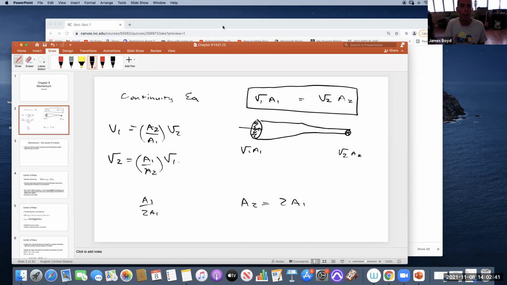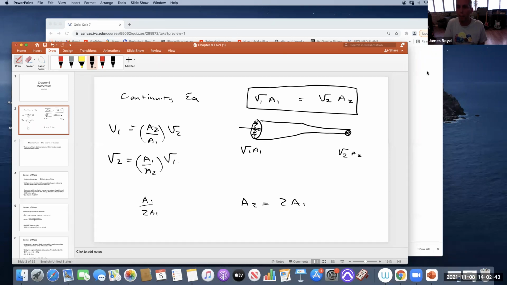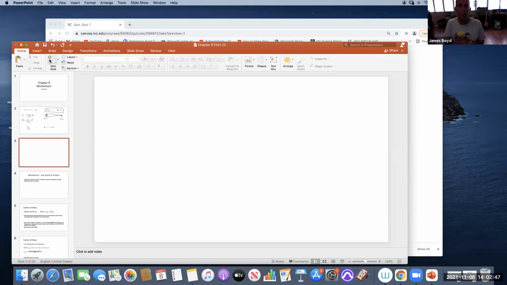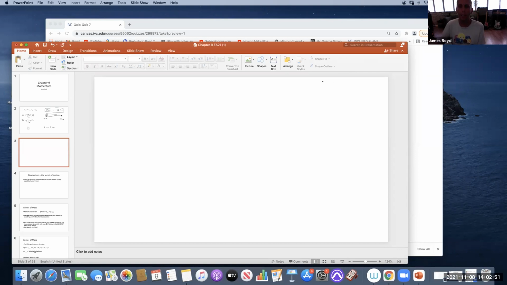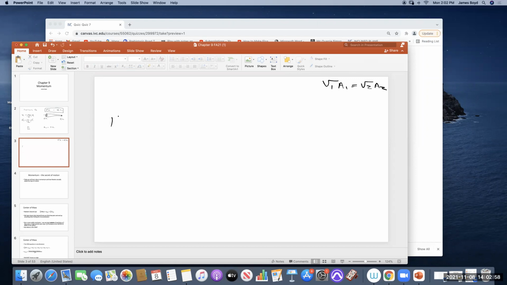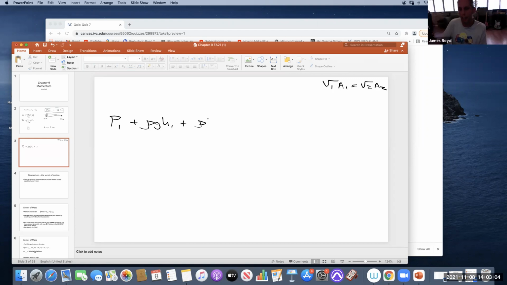It's not too bad. The other thing that you have for Bernoulli's equation is a lot like the energy equation, except that instead of energy, we have pressure. So we have the static pressure plus the gravitational pressure plus the kinetic pressure, if you want to call it that.